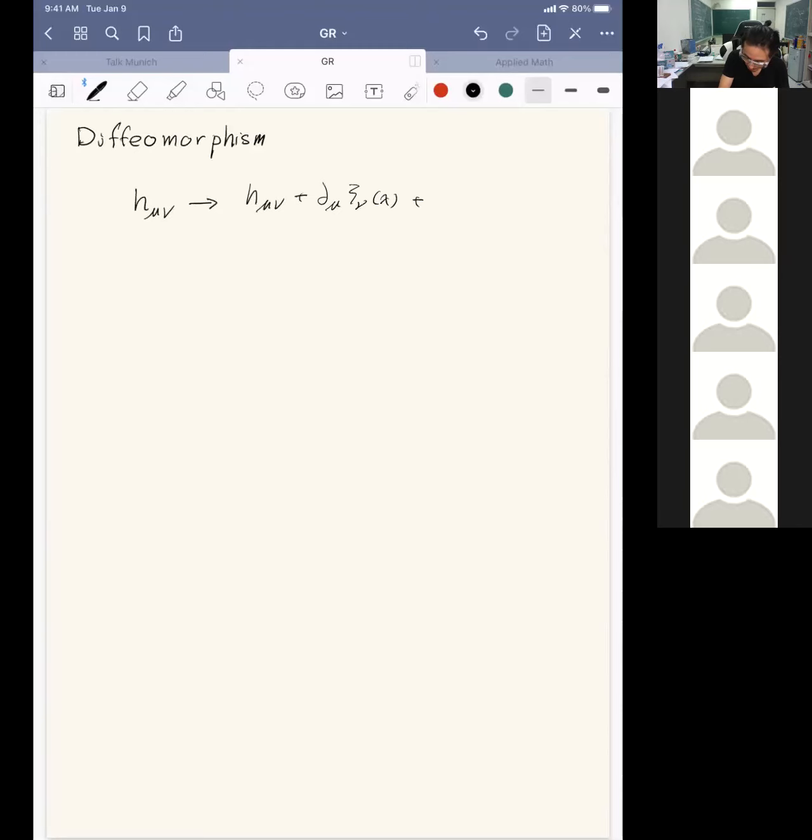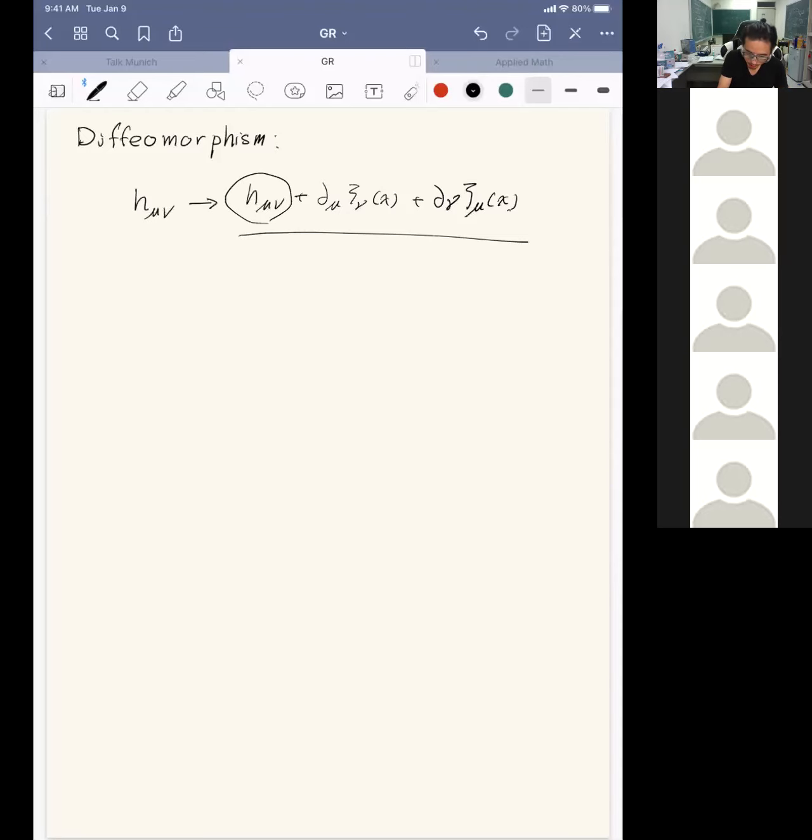This is symmetrized, but I'm just going to write the symmetric part. So the diffeomorphism in the linearized theory just tells you that my metric transforms in this way.